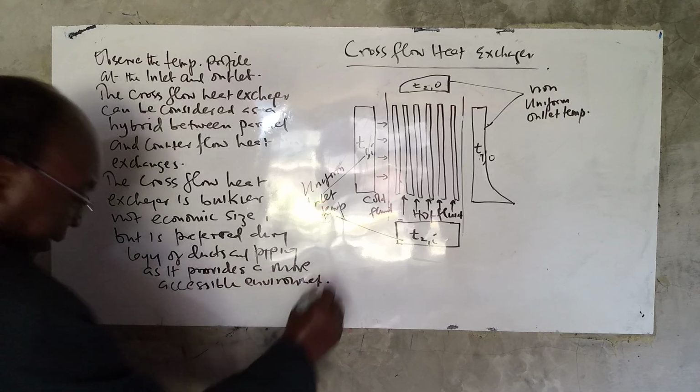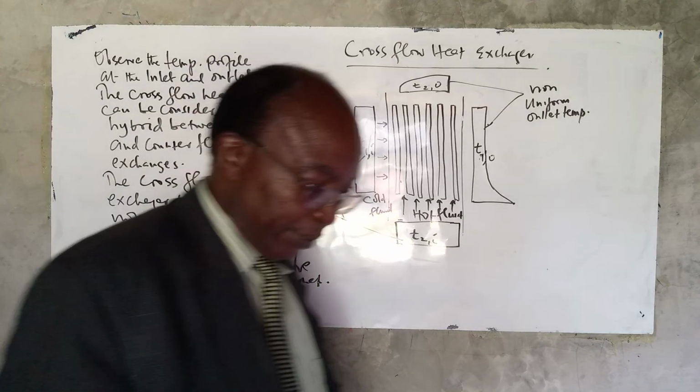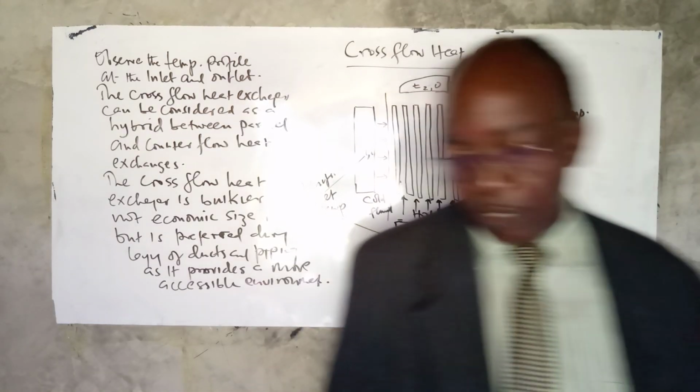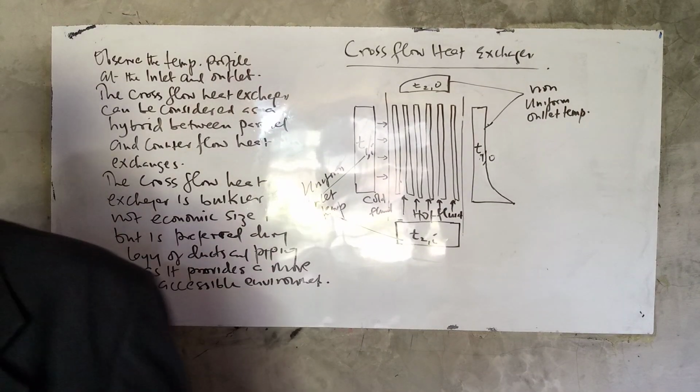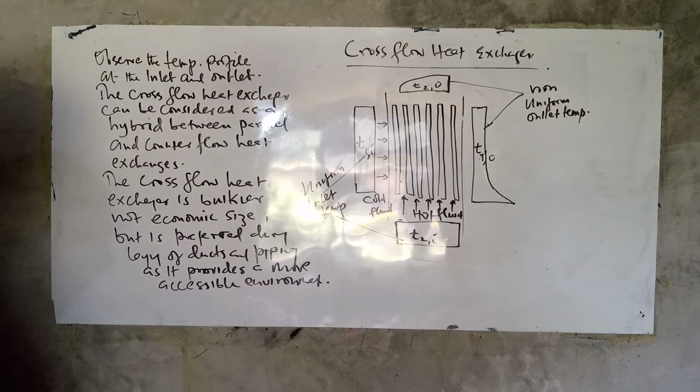So yes, it is bulky, but when you are laying pipes, ducts and doing piping, you find that it allows more convenience in terms of accessibility as opposed to others.